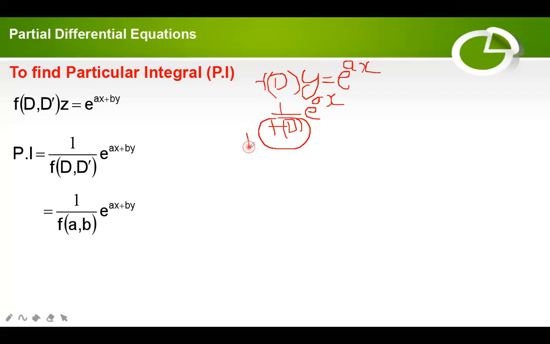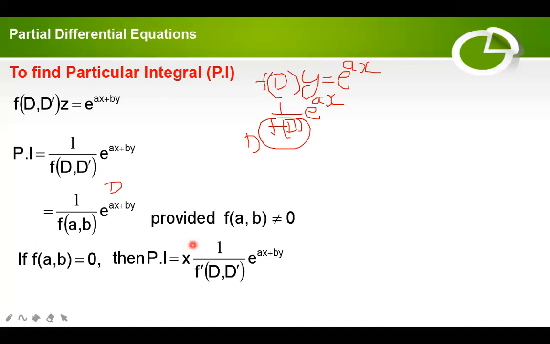to capital D. In the same way, if the denominator is equal to 0, we are differentiating this f of D, D dash partially with respect to capital D, and we are multiplying this fraction with x. So if it is 0, PI equals x times 1 upon f dash of D, D dash into e raised to ax plus by.